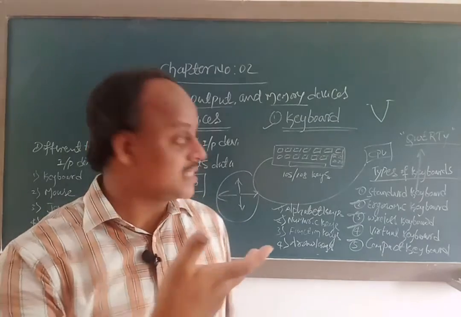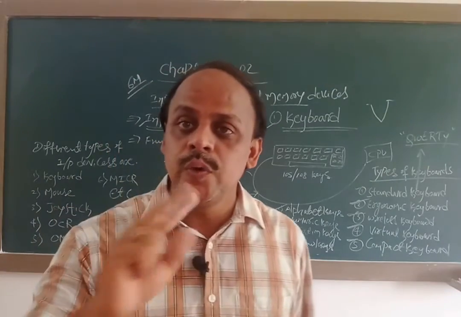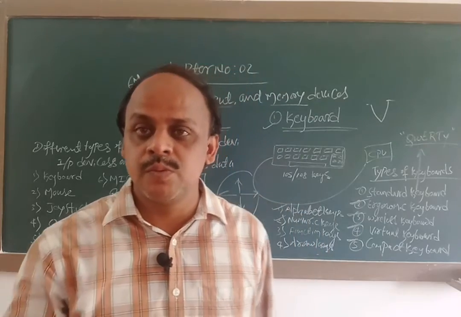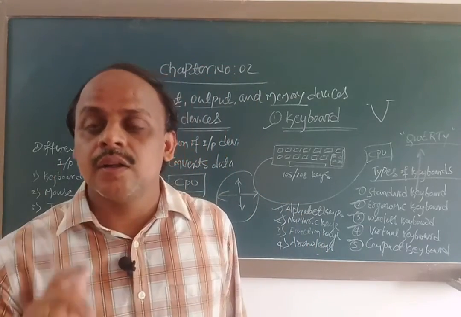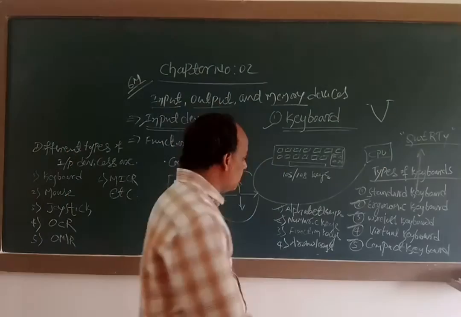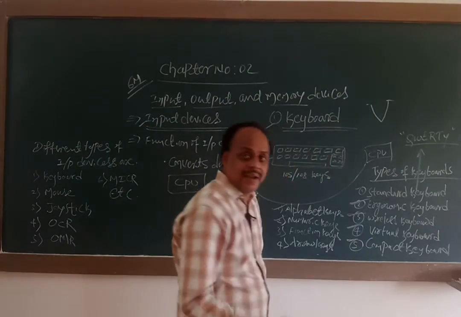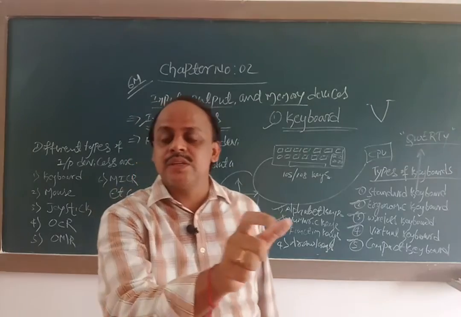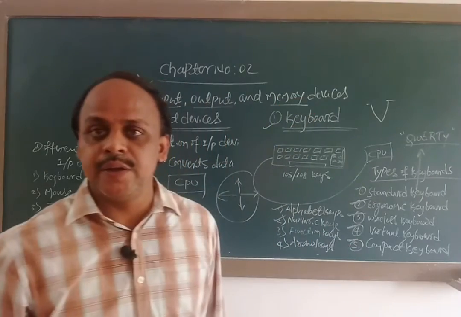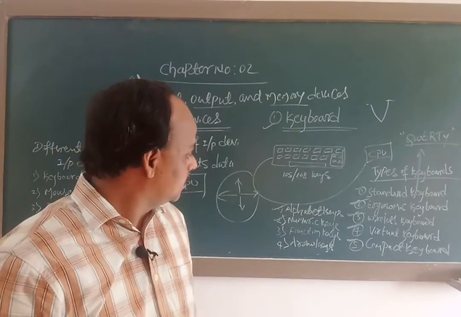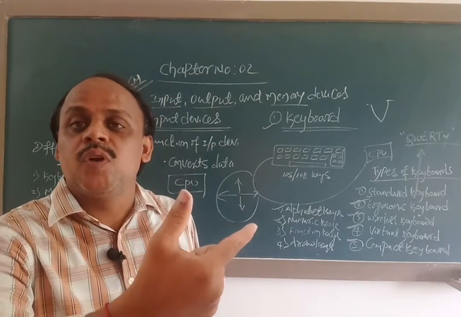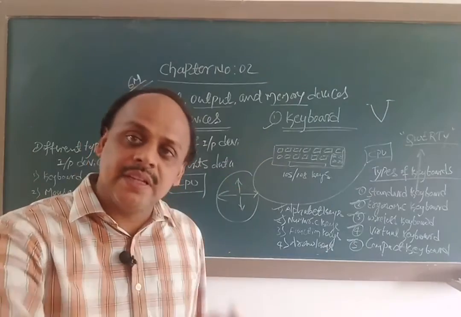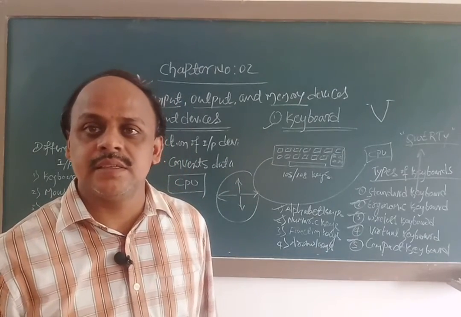For example, in the standard keyboard we have 2 enter keys, 2 space bar keys, like that. Those extra keys are deleted in the compact keyboard. That's why its size is reduced, its weight is also reduced. The compact keyboard size is just like a laptop keyboard or even smaller.